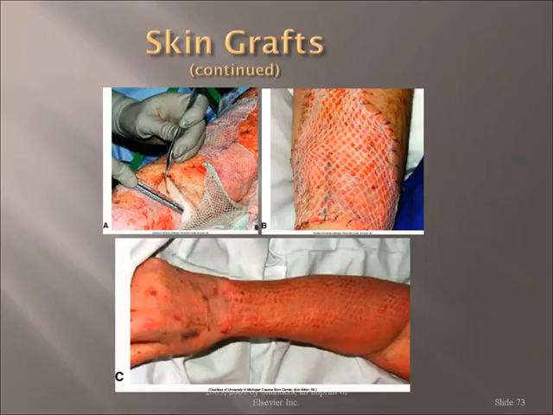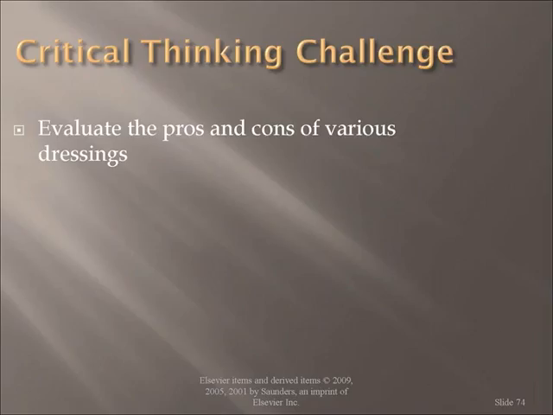This is actually skin that's been perforated into a mesh format, and then it's stretched over the area and then stitched in, and it can be incorporated into the patient's own skin. So critical thinking: evaluate the pros and cons of the various dressings available.